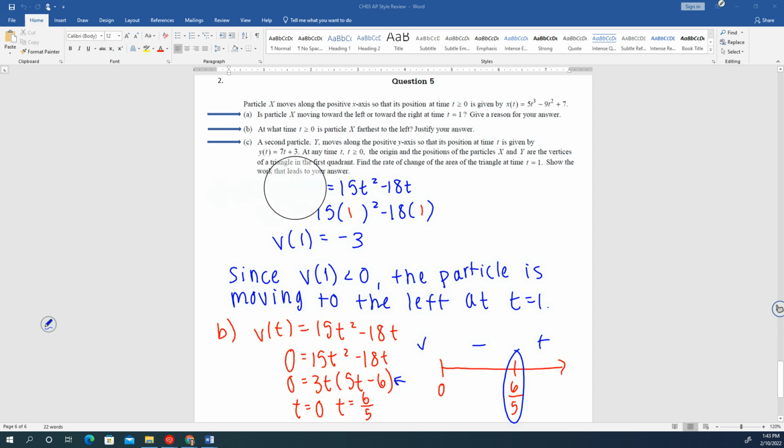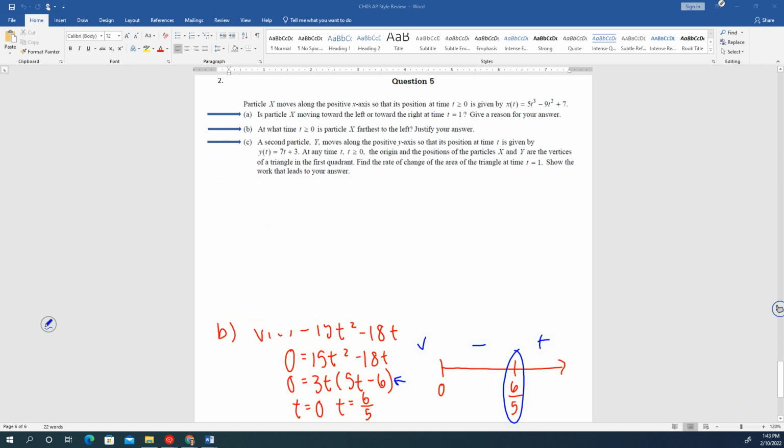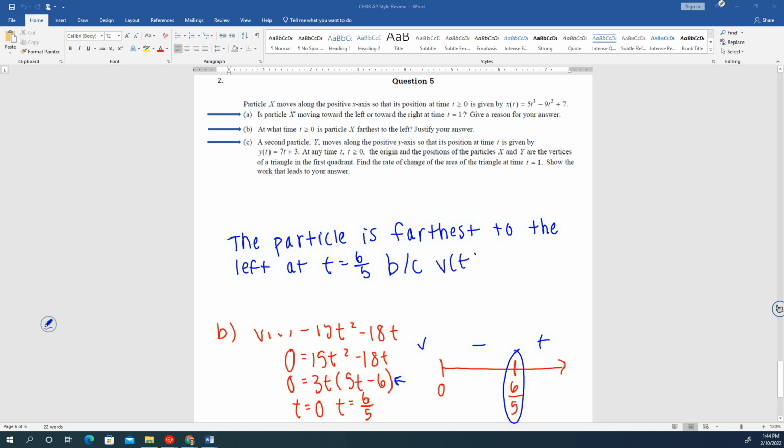Okay, so I'm going to write my answer up here. So I would say the particle is farthest to the left at t equals 6/5 because velocity is negative for everything in between 0 and 6/5.